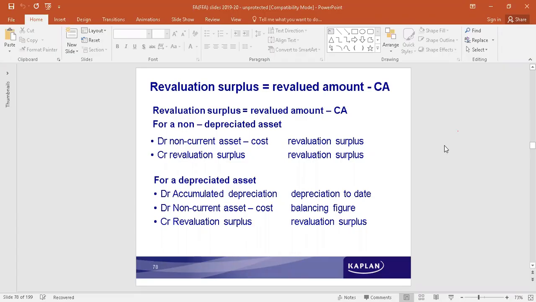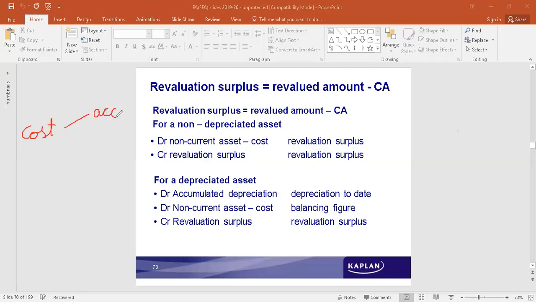For a depreciated asset, the cost of the asset keeps reducing by the amount of depreciation, and this depreciation amount is shown in the form of accumulated depreciation.